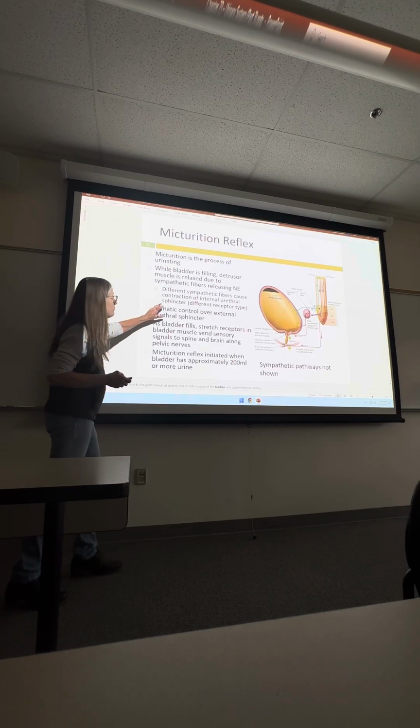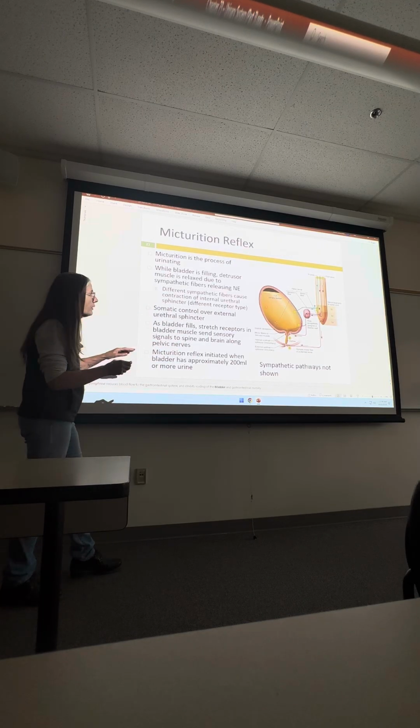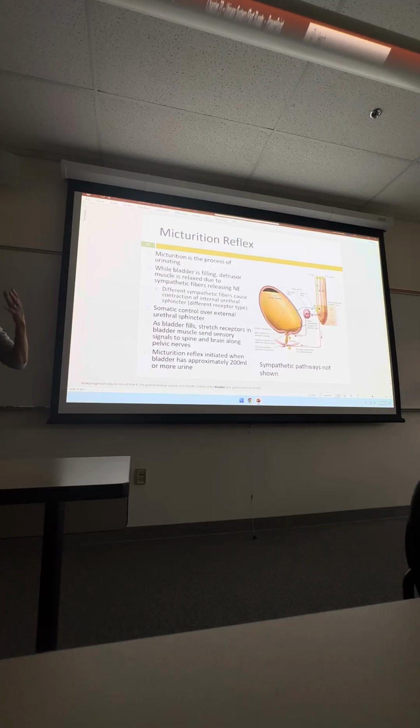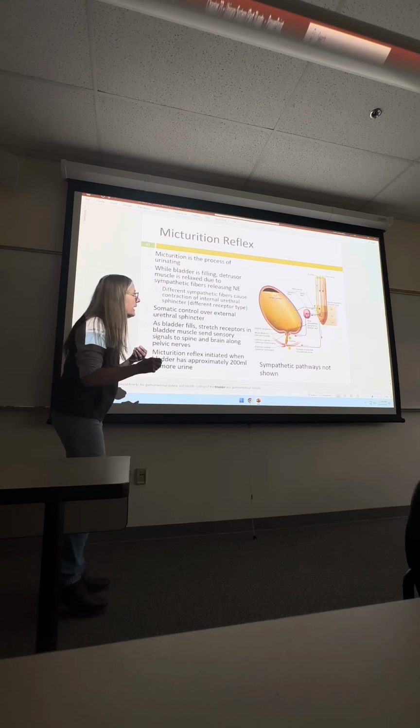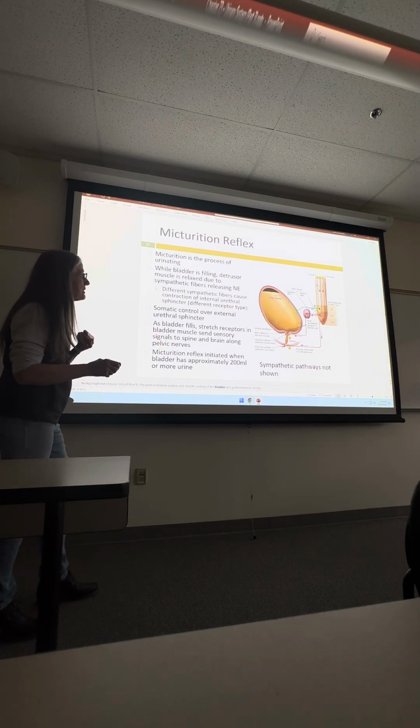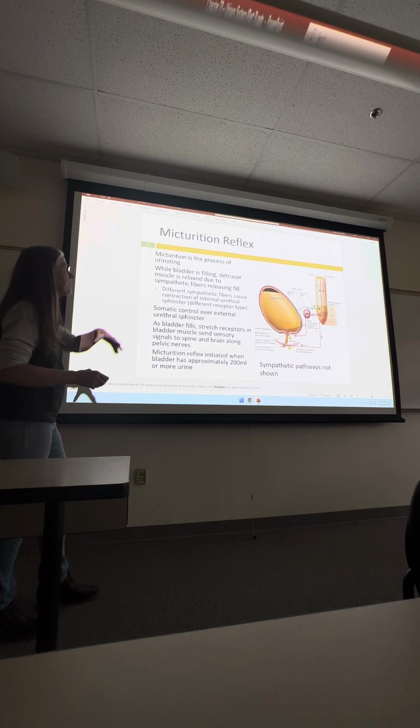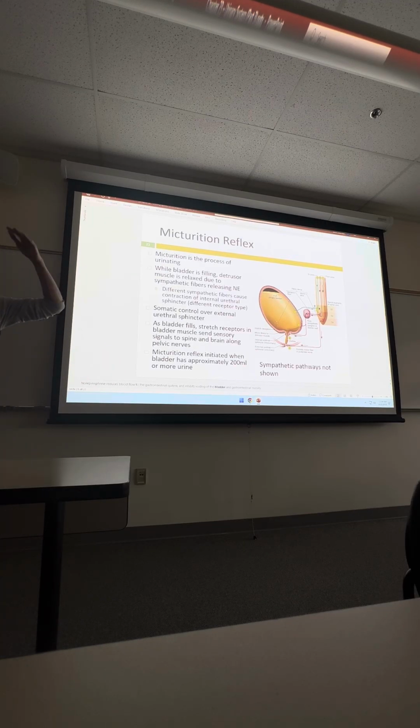Our bladder is great in that it can hold a whole lot of urine. You can feel that pressure that is exerted on the walls of the detrusor muscle, and you have parasympathetic sensory fibers that are going to go up to the pons, from the pons all the way up even to your cerebral cortex. Because while you feel that pressure in your bladder, are you ready to go pee at that moment? Not necessarily.